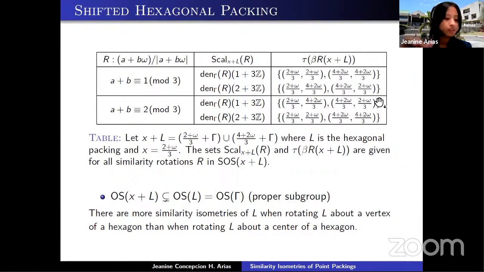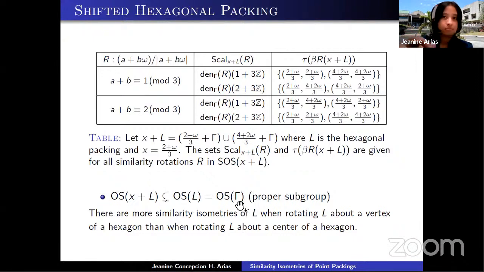From the tables, we may conclude that the set of similarity isometries of the shifted point packing x plus L is a proper subgroup of the set of similarity isometries of L, which, from what we said before, is equal to the group of similarity isometries of the hexagonal lattice, gamma.